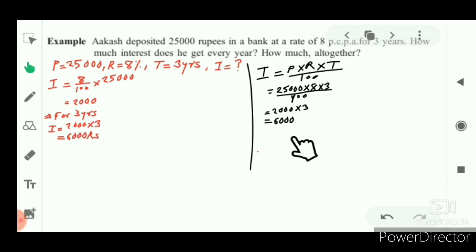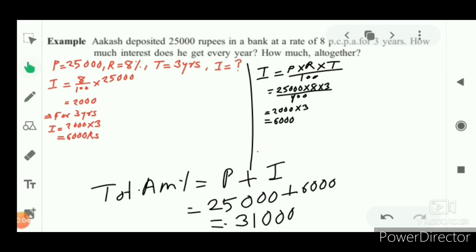So at the end of 3 years Akash will get 6,000 rupees interest plus 25,000 rupees principal. So the total amount he will get is total amount equal to principal amount plus interest. Principal amount was 25,000 plus 6,000. So the total amount he will get is 31,000 rupees at the end of 3 years.